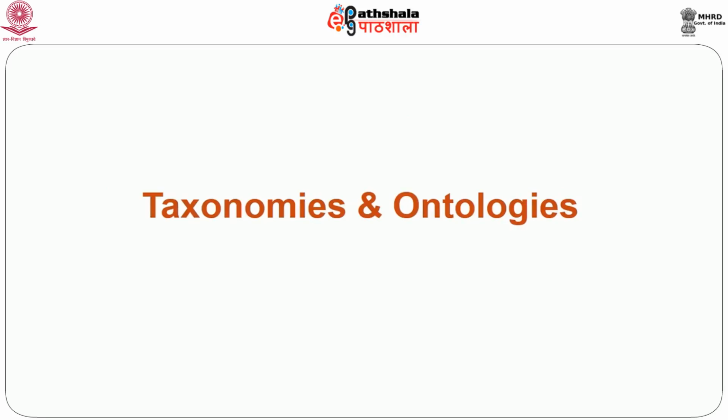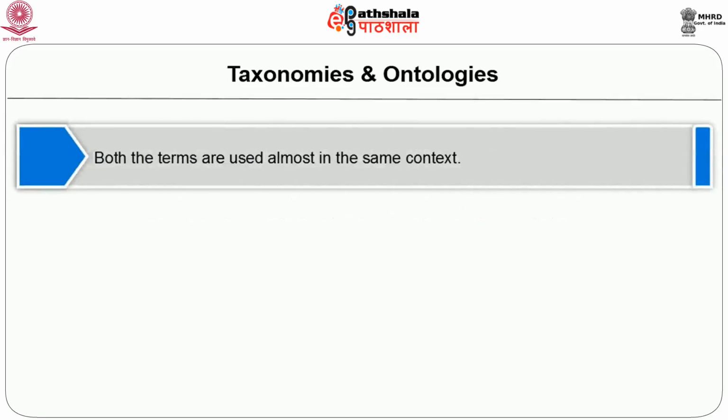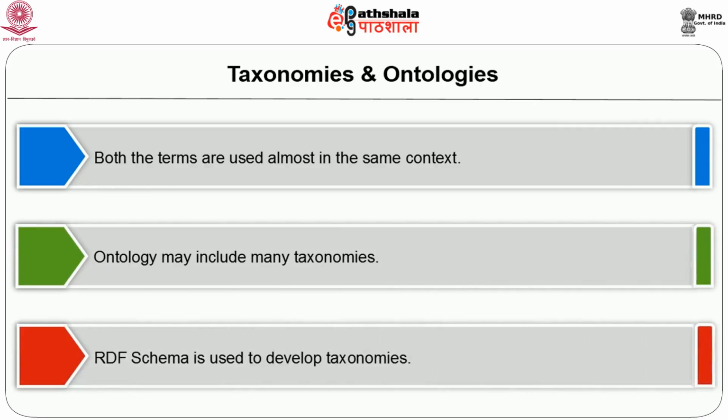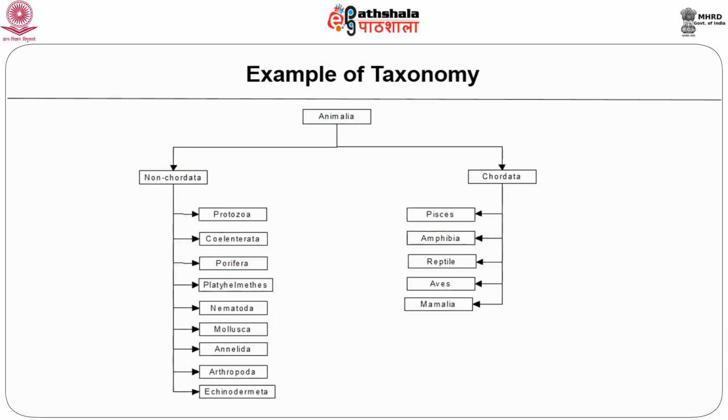Now let us see how we can use taxonomies and ontologies for the semantic web. Both terms are used in almost the same context, taxonomies and ontology, but there is a difference: ontology may include many taxonomies. RDF schema is used to develop taxonomies. Now an example of a taxonomy.